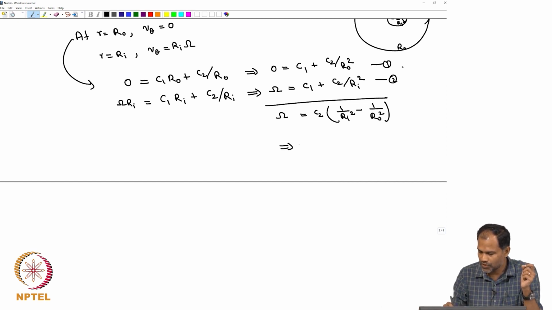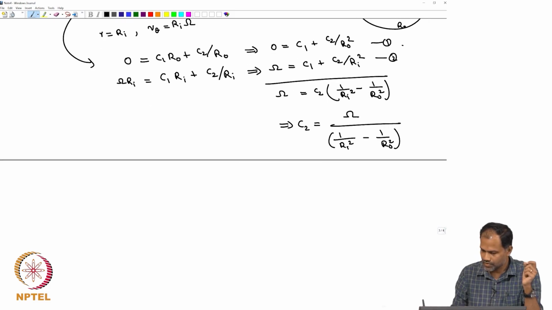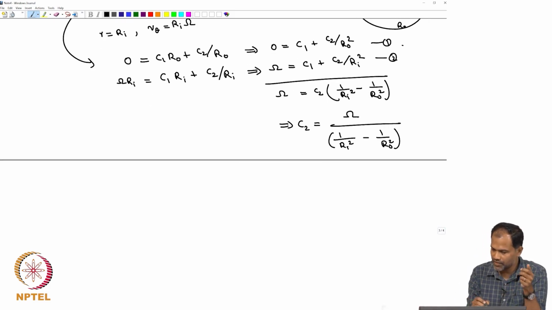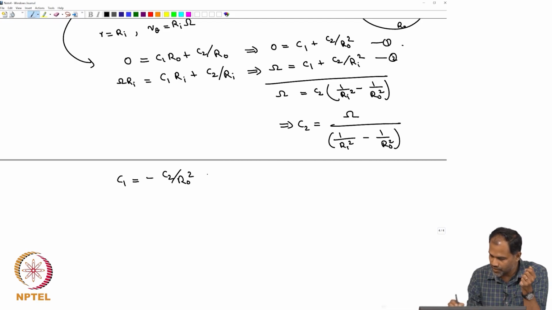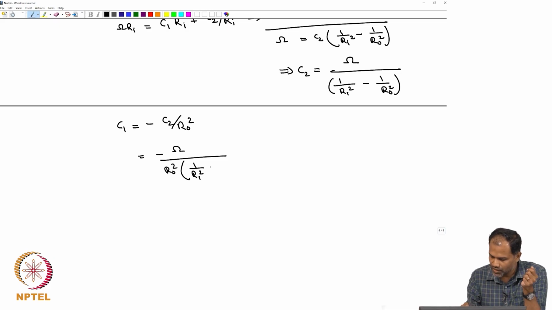So that gives you C2 is equal to omega divided by 1 by Ri square minus 1 by Ro square. You can now go ahead and substitute, let's say, in the first equation, which says C1 is equal to minus C2 by Ro square. So that's equal to minus omega by Ro square into 1 by Ri square minus 1 by Ro square.